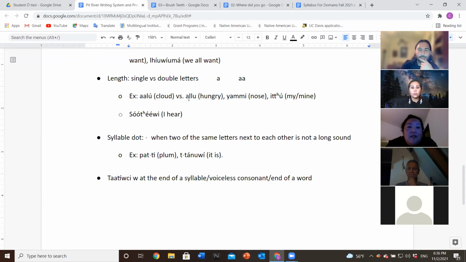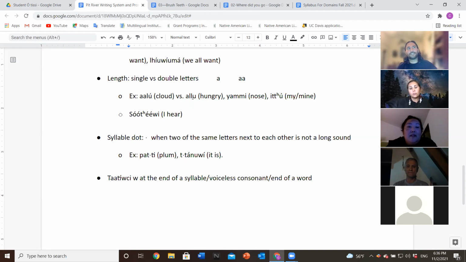Yeah, see, both of you kind of still have that long A on the second one, it sounds like. The first one's a long A. Alu, and then alu. Yeah, I think that's better.